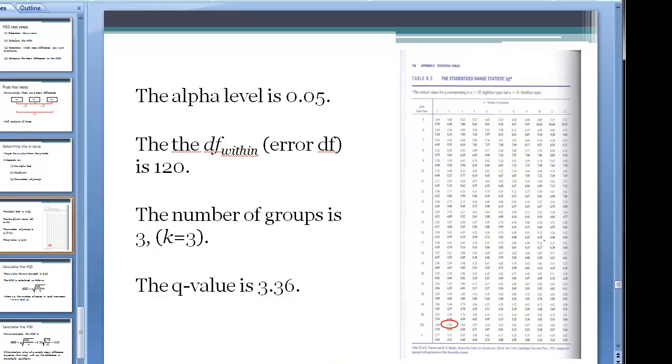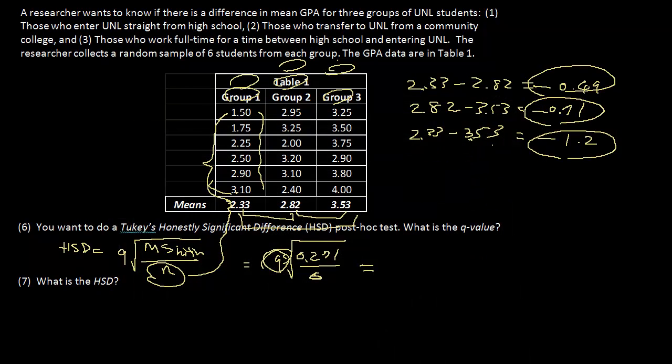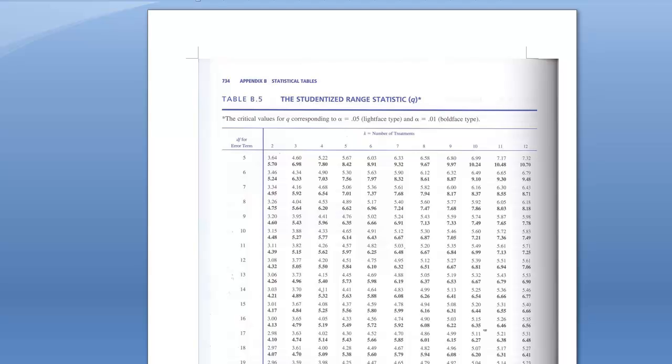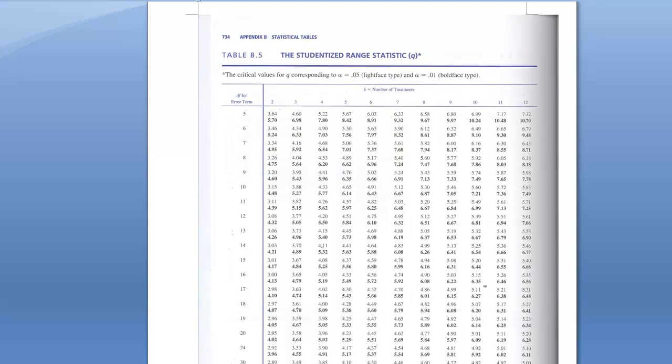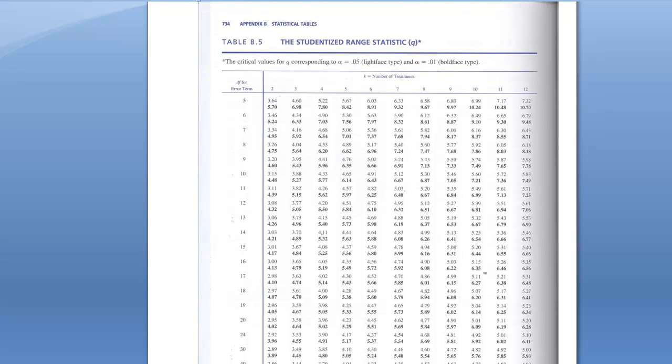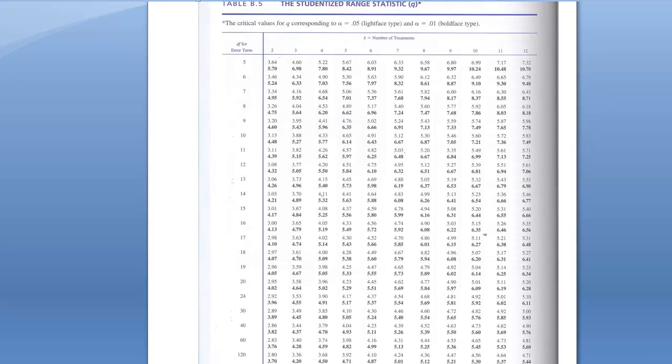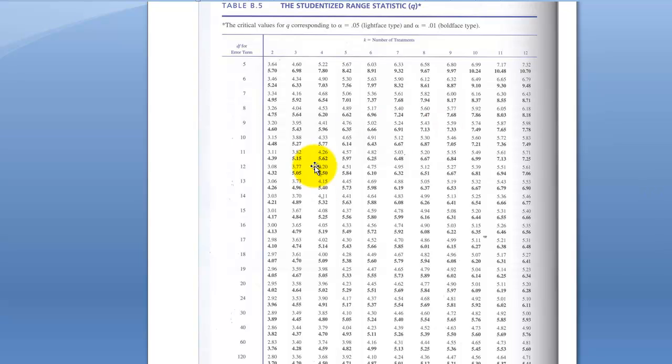I have a Q table here, so I'm going to open it. Okay, now I've got the Q table. The degree of freedom within was 15, so it's here.